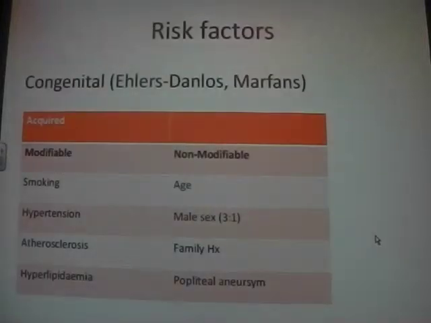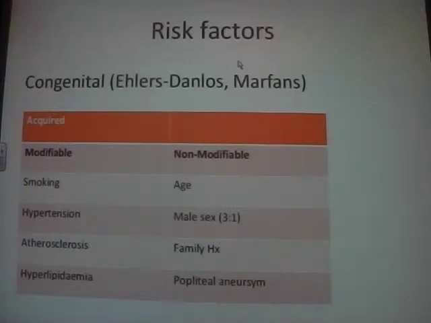Okay, so your risk factors, as I said before, this has a lot in common with coronary artery disease. So congenital aneurysms are your connective tissue disorders, big risk factors for abdominal aneurysms. And then your acquired are like your classic coronary artery stuff. So modifiable things like smoking, high blood pressure, atherosclerosis, which is really more a disease process than a modifiable risk factor, and hyperlipidemia as well.